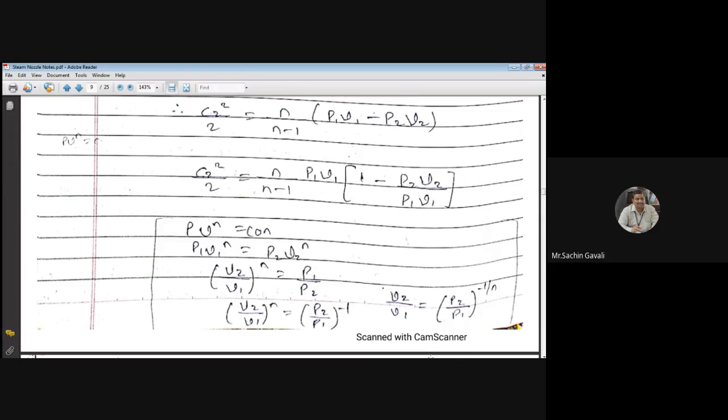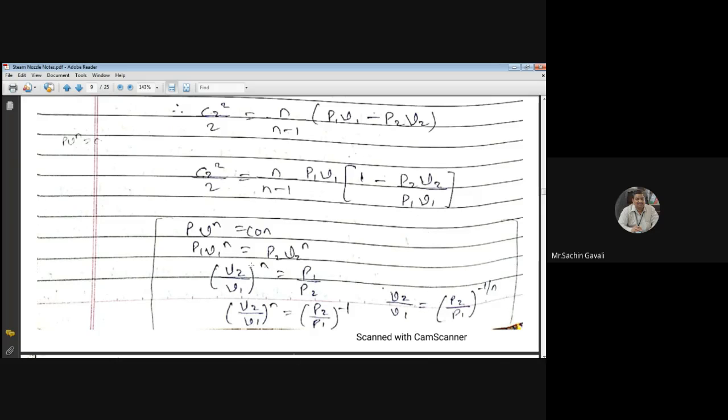We have discussed the relation where V2 upon V1 is put in terms of P2 upon P1. From PV raised to n equal to constant, P1 V1 raised to n is equal to P2 V2 raised to n. So V2 upon V1 becomes P2 upon P1 raised to minus 1 upon n.